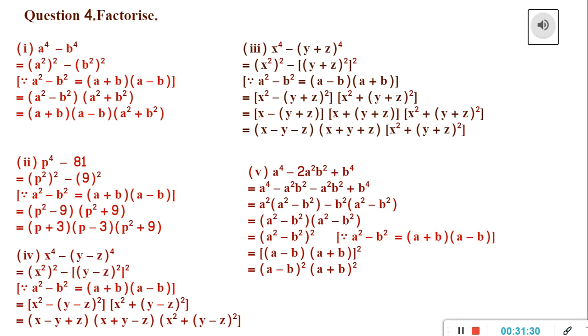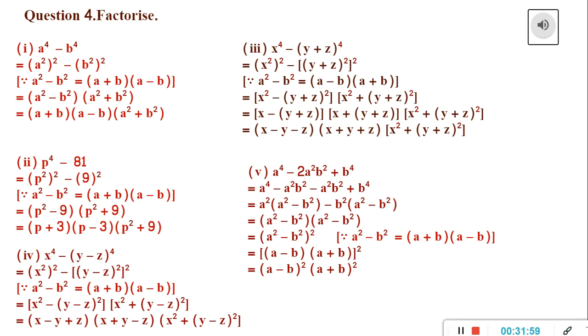Now question number 3. x raised to 4 minus (y plus z) whole raised to 4. Here also x raised to 4 can be written as (x square) whole square, minus (y plus z) whole raised to 4 can be written as (y plus z) whole square and again whole square. Okay. So a square minus b square, first we can take that identity, a minus b into a plus b. So (x square minus (y plus z) whole square)(x square plus (y plus z) whole square).